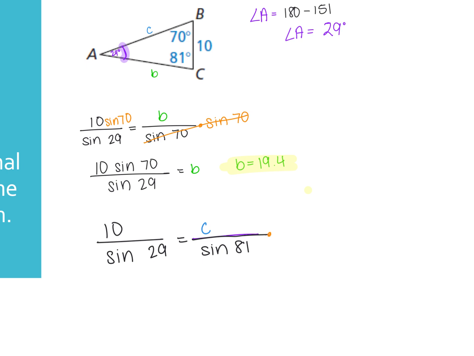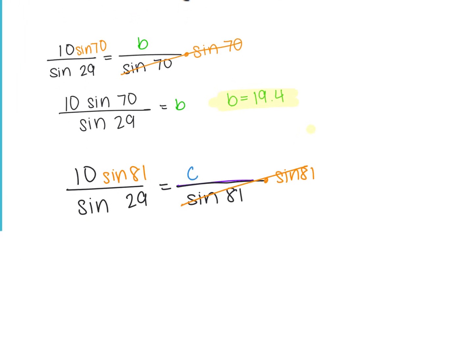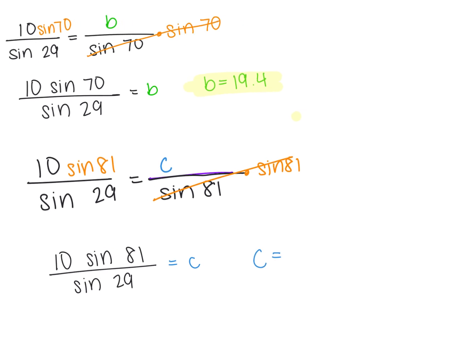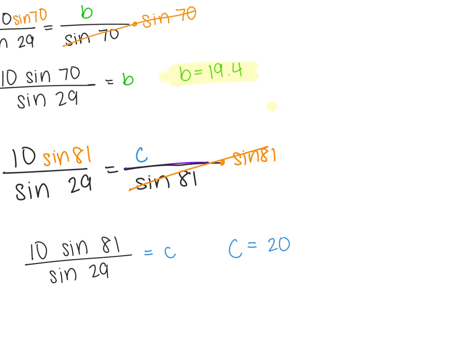Go ahead and multiply both sides by sine 81. These are going to cancel out. I'm going to have 10 sine 81 over sine 29. If you solved it correctly, C is going to equal what? 20.4. Okay, please check your work.